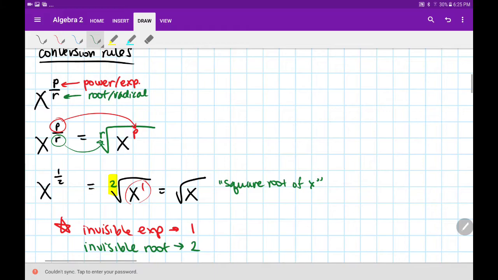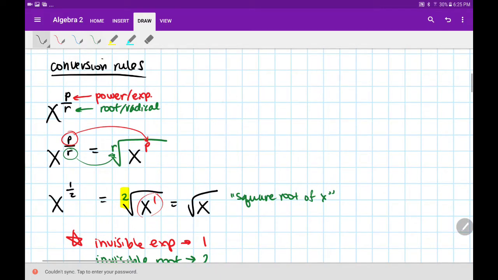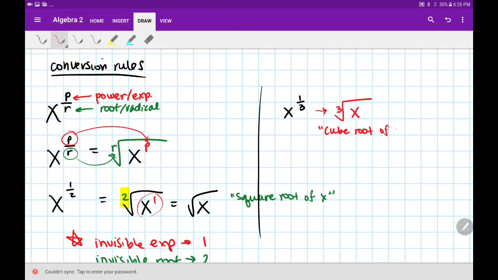Let's do a couple more famous ones. So let's do a quick sidebar right here. If I have x to the power of 1/3, I'm going to rewrite that as the third, 3 would be my root, and then x. This is pronounced the cube root of x.